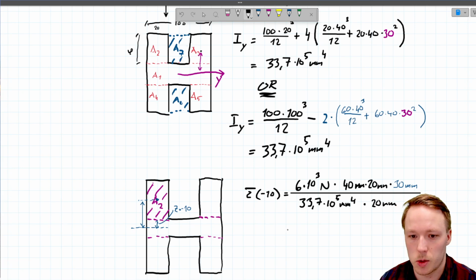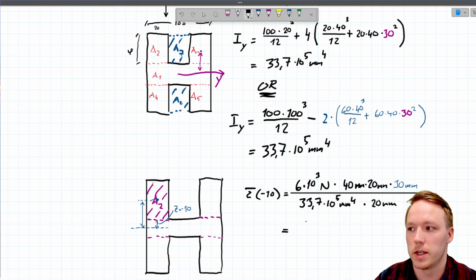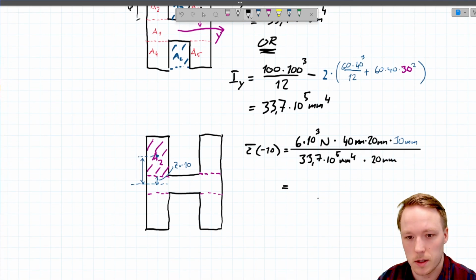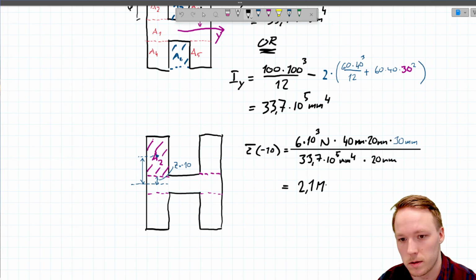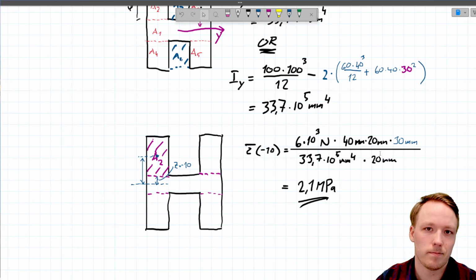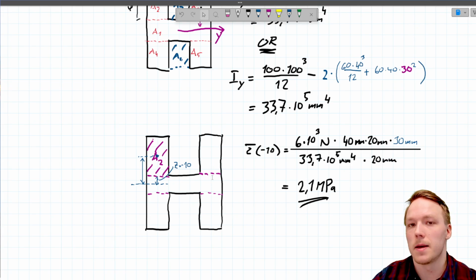And the result which we will get from this calculation is 2.1 like that. So that's how we can calculate the shearing caused by bending loads.